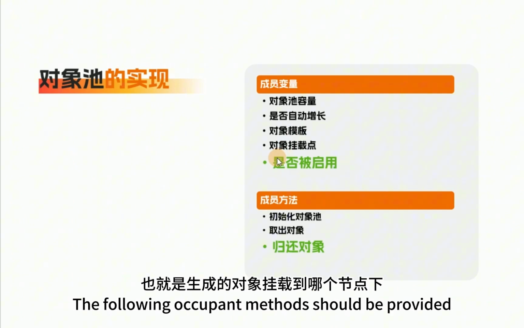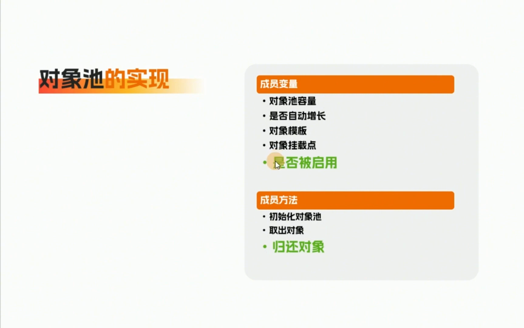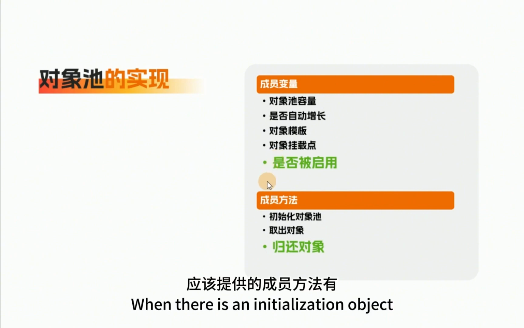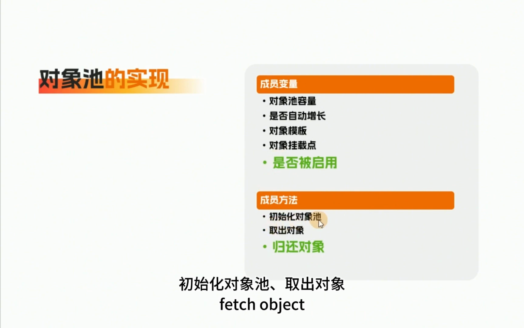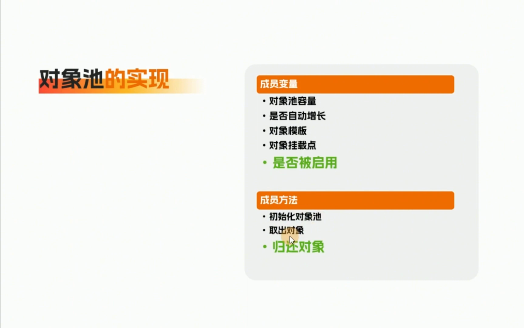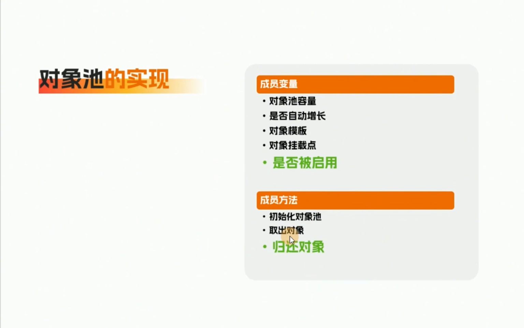The following member methods should be provided: one to initialize the object pool, and one to fetch an object. Attention! Why not provide a return object method? Here we simplify the process.